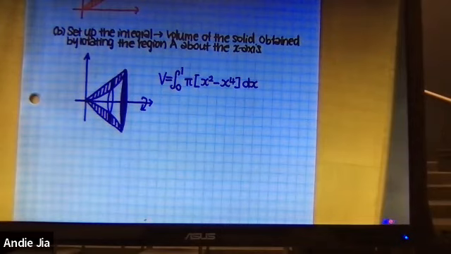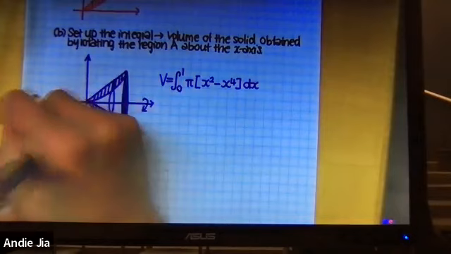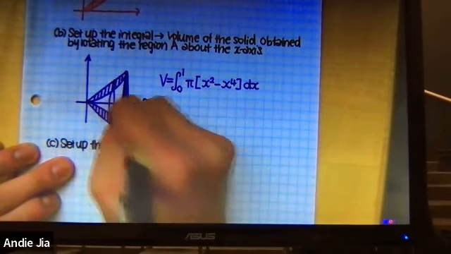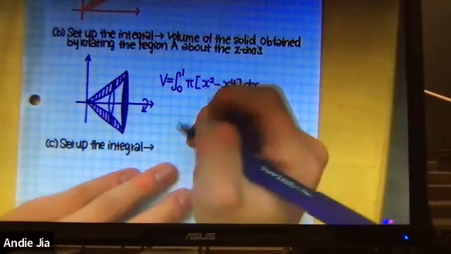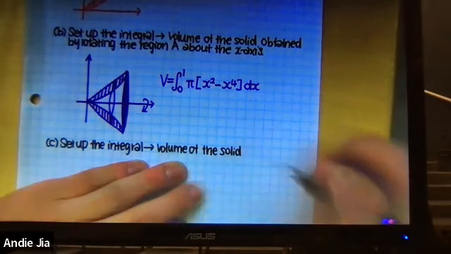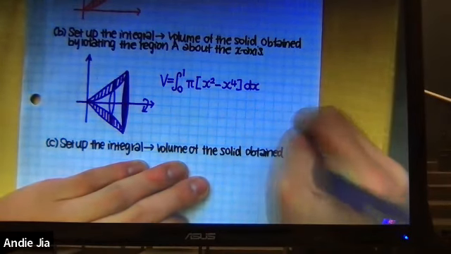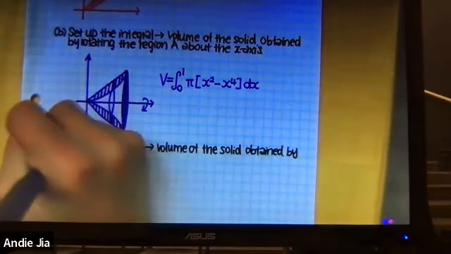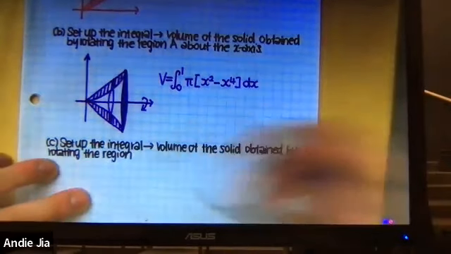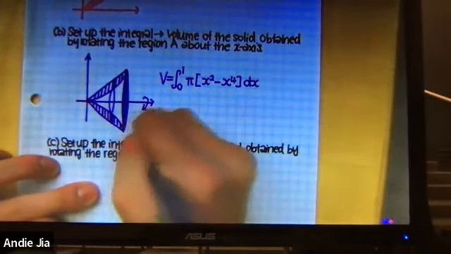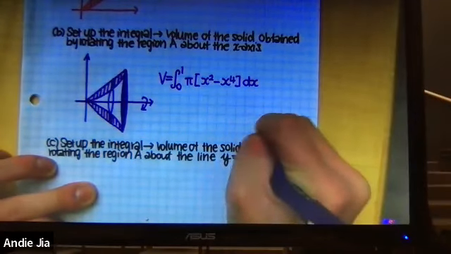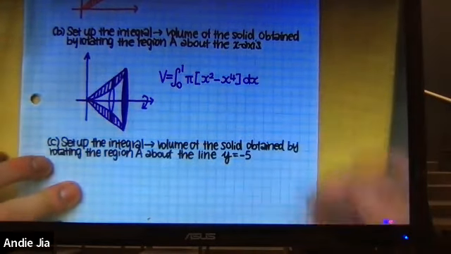Let's try another example here. Set up the integral for the volume of the solid obtained by rotating the region A about the horizontal line y equals -5.